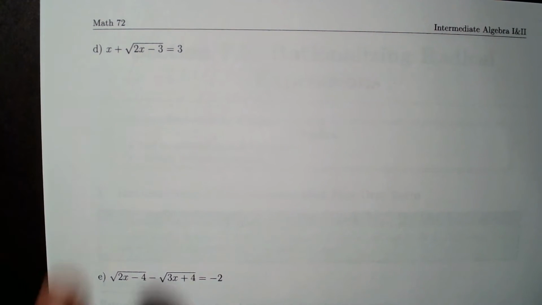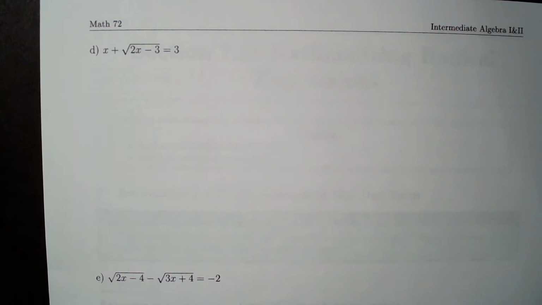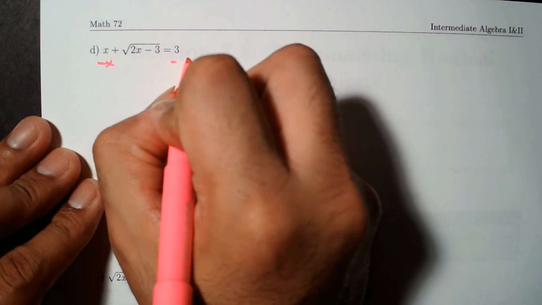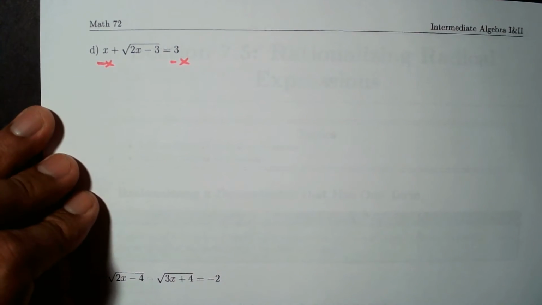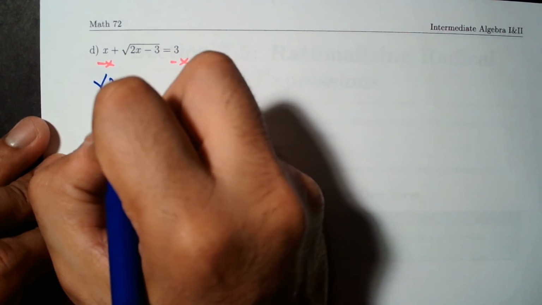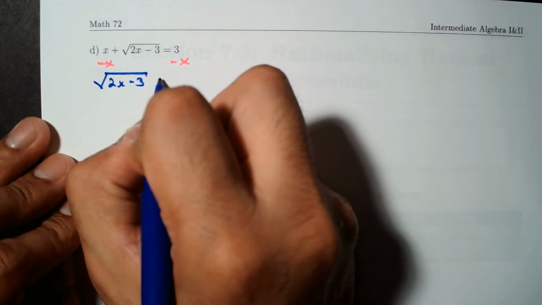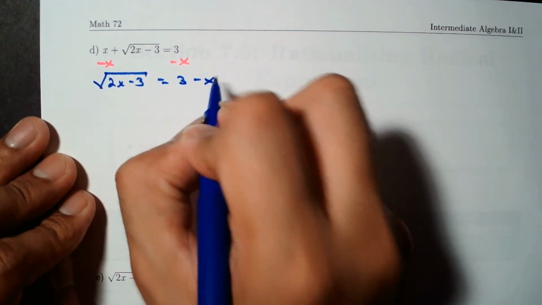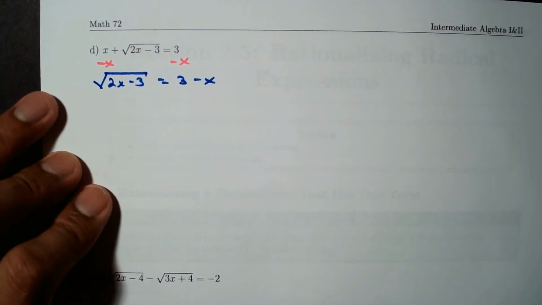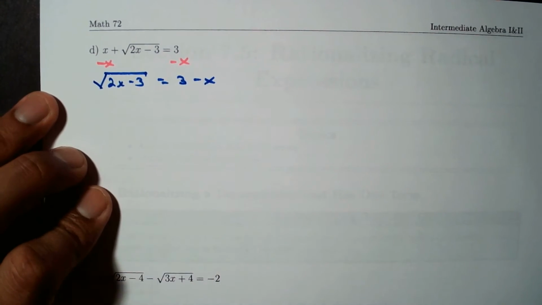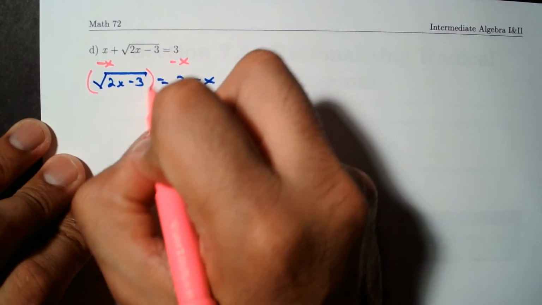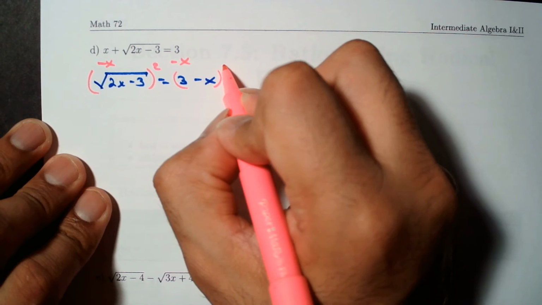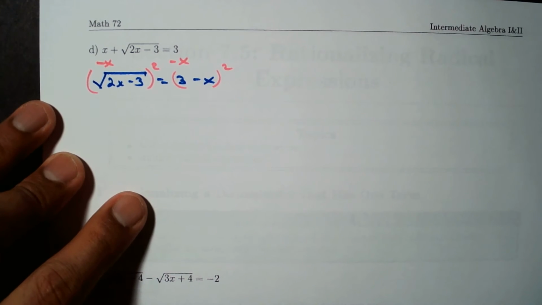Number one, again, you want to isolate the radical term. So subtract x from both sides, leaving us with the square root of 2x minus 3 equals 3 minus x. In this case, we need to be very careful, because I'm going to square the binomial.